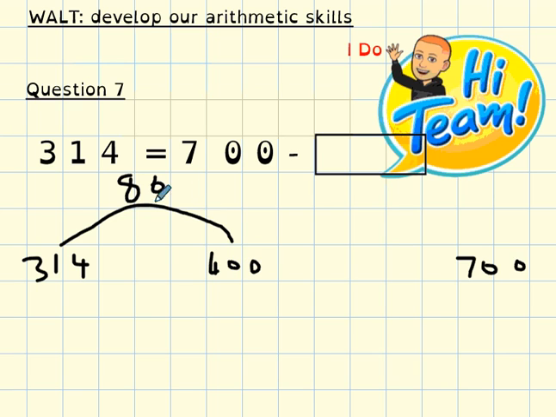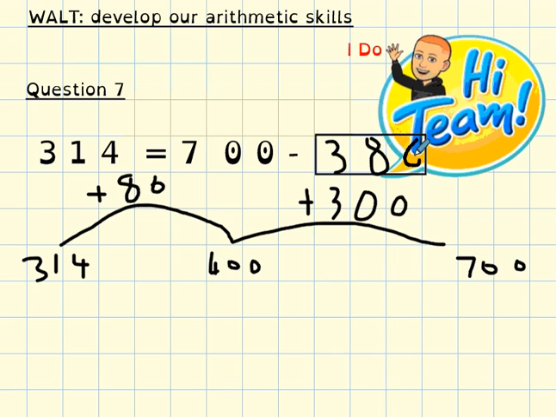And then 400 to 700, you're adding on 300. Then you total up what your difference is, which in this case will be 386, and that will give you your final answer.